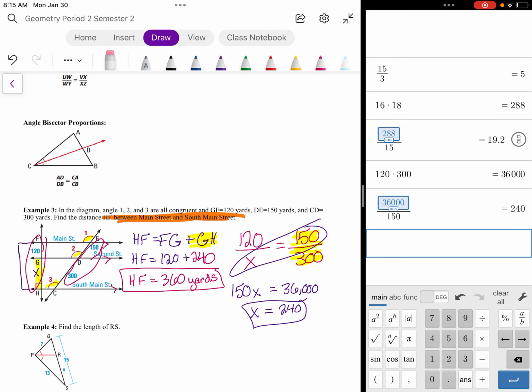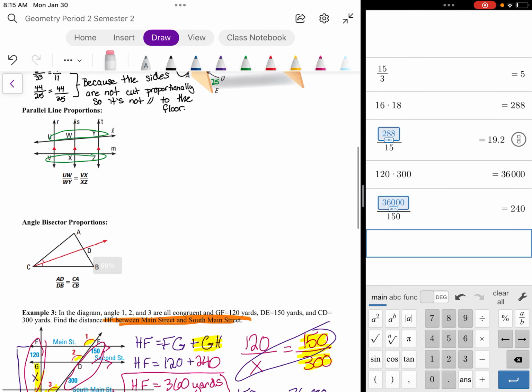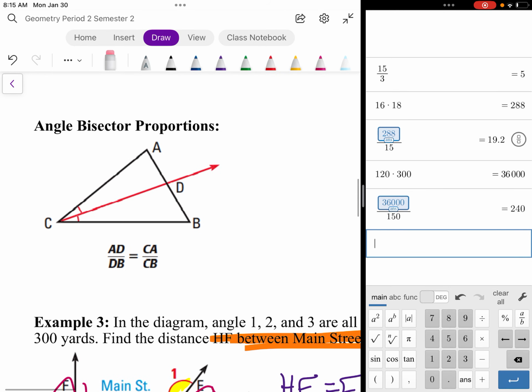Okay. So then jumping back up to our vocabulary, the next one is the angle bisector proportion. And for this one, when you set up your proportion, on the top you're going to have the intersected side for that angle bisector, and then you're going to have the connected part that's on the same side of the angle bisector.